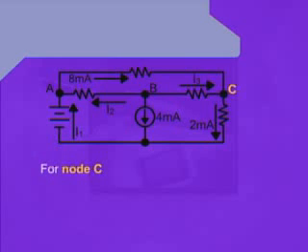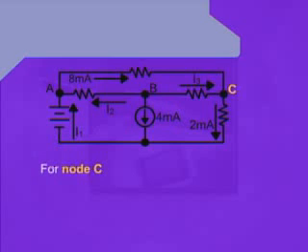For node C, we can see that I3 is approaching the node C. 2 milliampere is leaving the node C. Are these the two currents which are affecting the node C? No. We also must include the value 8 milliamperes right onto the left hand side on the top of the circuit.